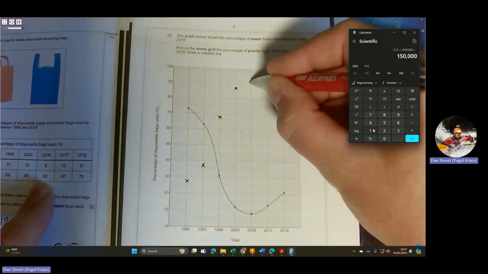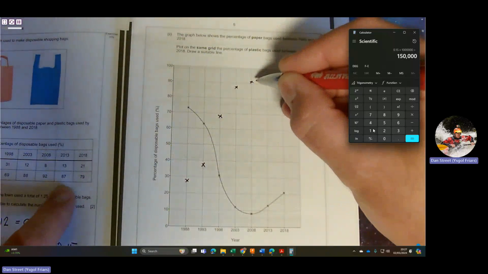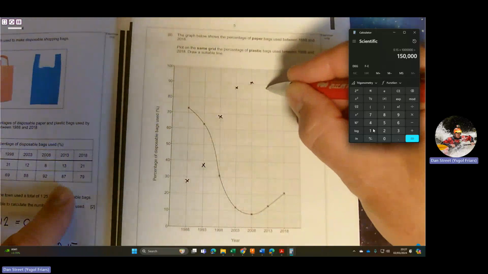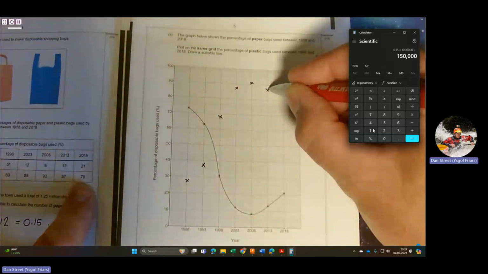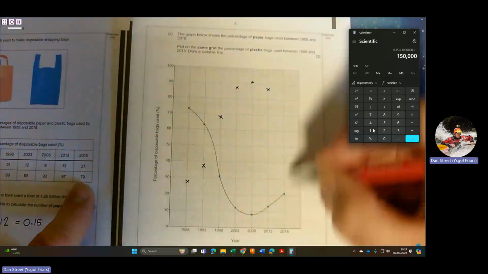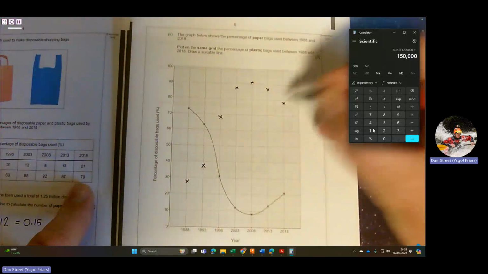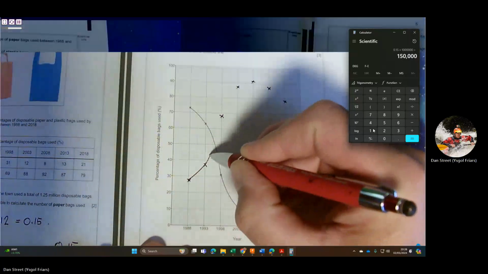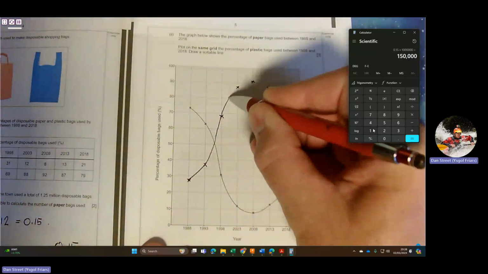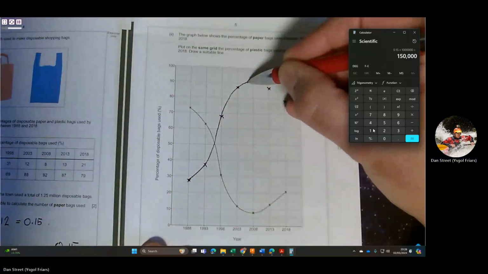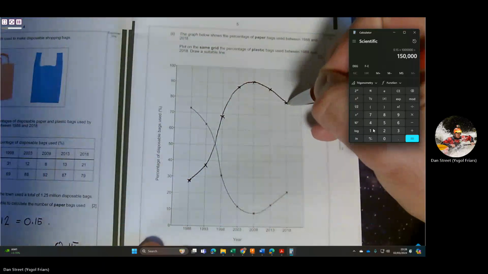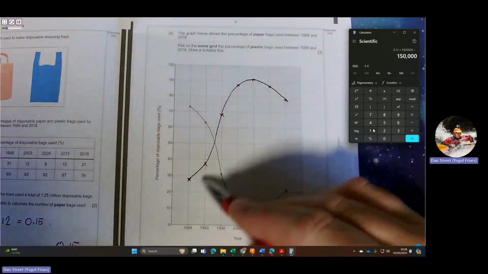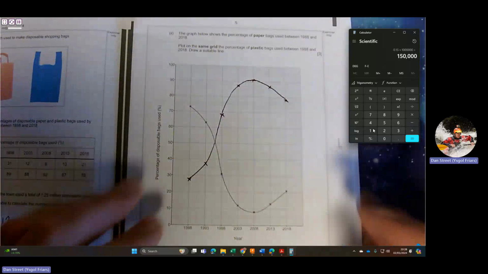So 92 is there. Then we're down to 87 in 2013. But 87 is there. And then we're down to 79 in 2018. So 79 is there. And we need to join those up as carefully as we can. Okay, so there's our plot, and we get the 3 marks for accurate plotting and a suitable line.